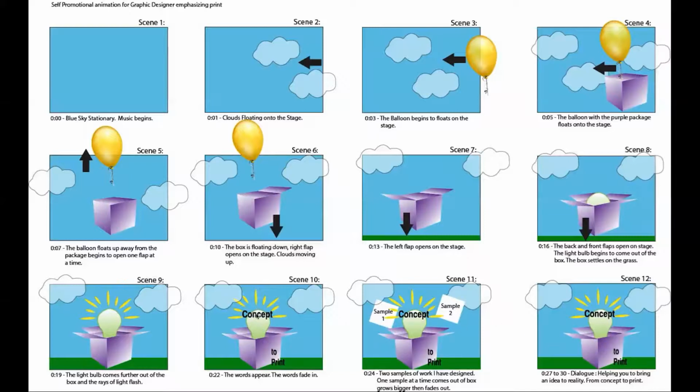And so you can see some words showing up here. The words fade in, concept. I think there's an animation of the light bulb coming out. Yeah, that's moving up.